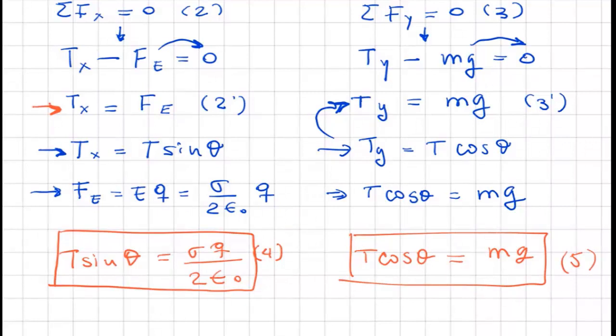The next step is to divide equations 4 and 5 side by side.